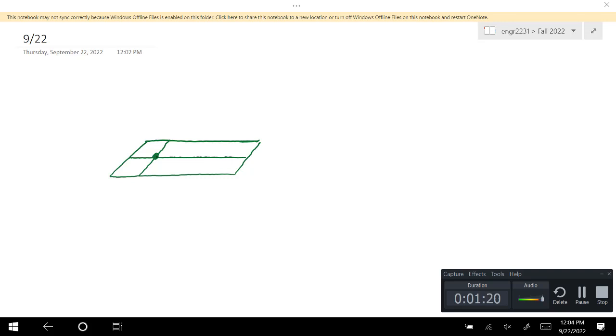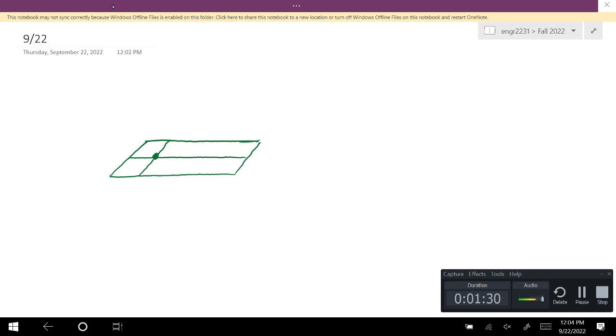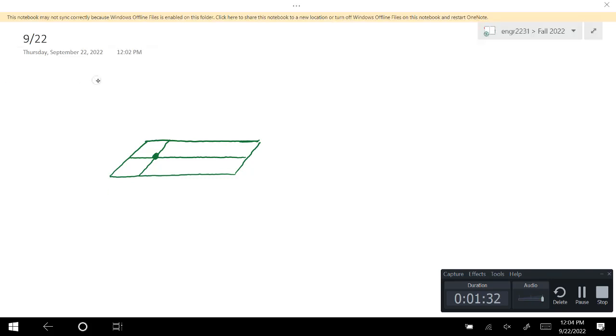Okay, so for a two-dimensional linear interpolation, there's the x and y, the independent variables, and then from there you have, let's say, this. So here are the 4 points on the surface.